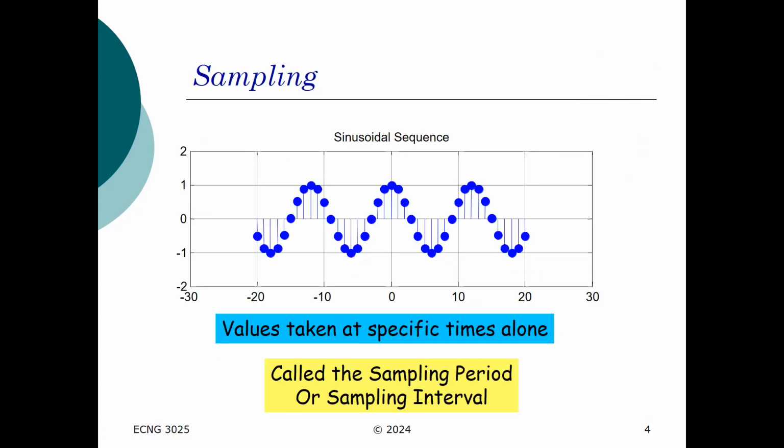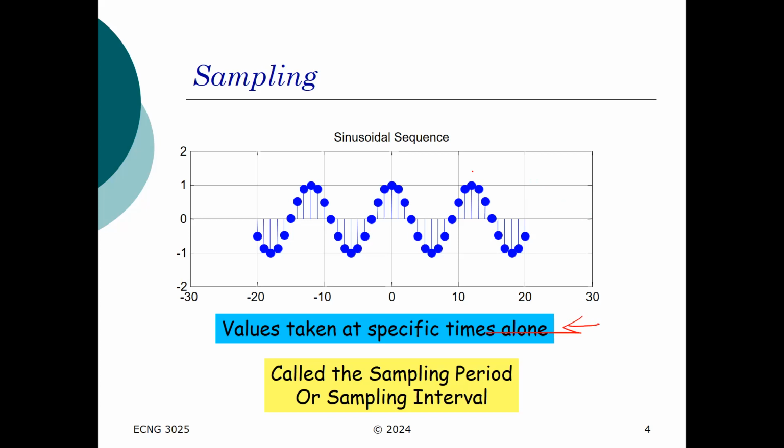We've mentioned this a few times already. If I take a continuous time signal and look at values at specific times alone, I am doing something called sampling. There are two things here: how many samples, and this thing about the specific times alone.